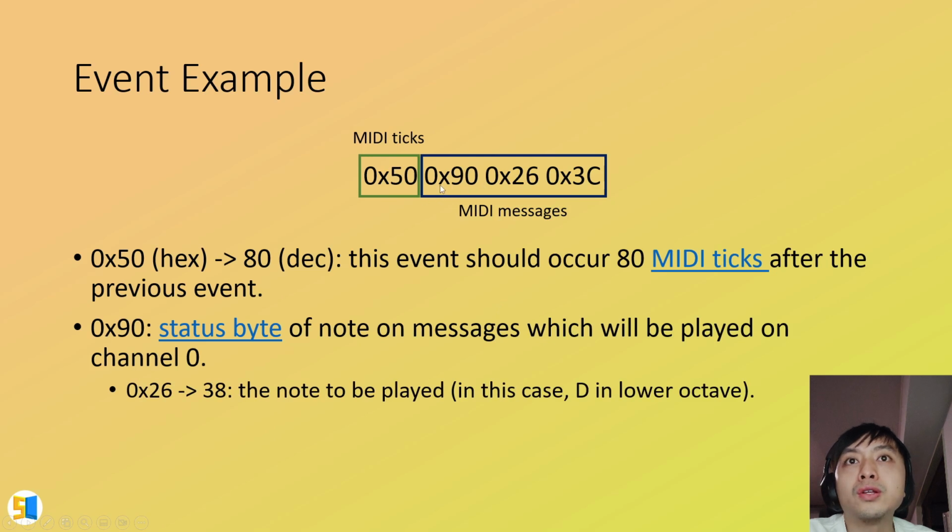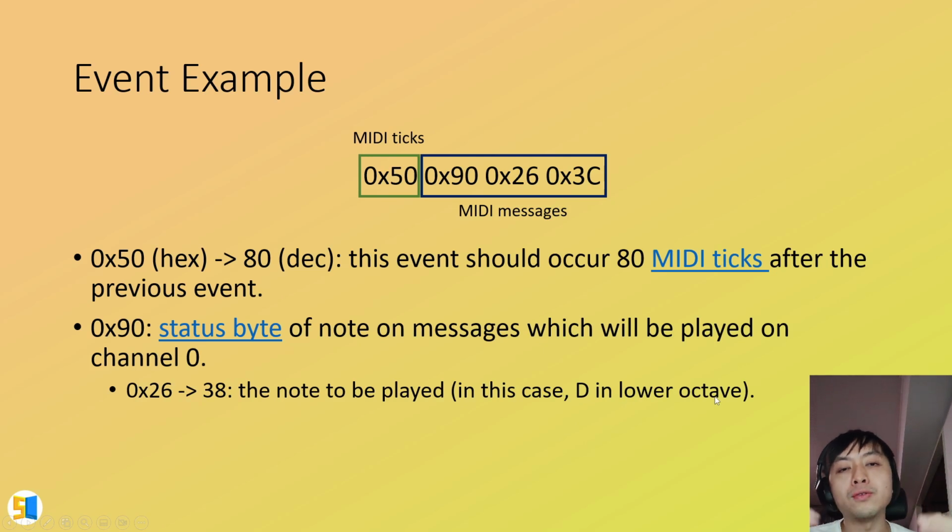Because this is a note on message, we can assume that after it there will be two more hex codes. The first one is 0x26. If we convert it to decimal, it is 38. This indicates the note to be played. In this case, 38 is D in the lower octave.